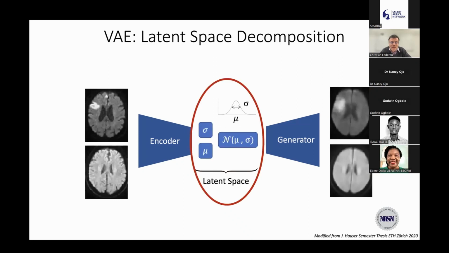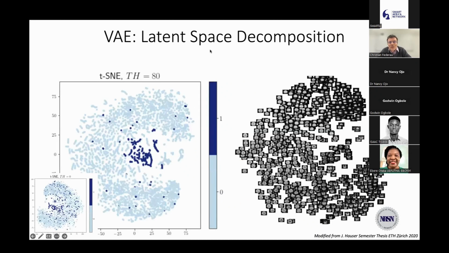And if you look a little bit more into detail into this latent space, you can do something that is called latent space decomposition. I'm not going to go into details how this works, but you can basically look at this latent space, and you might hope that the latent space is going to learn the stroke. And if it learns the stroke, it might put all the strokes in one place of this latent space. And this is what you see here.